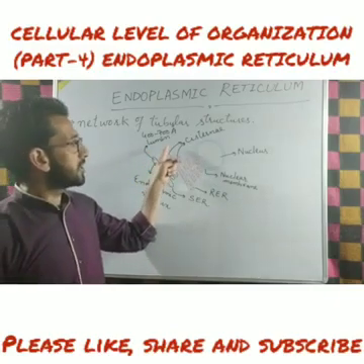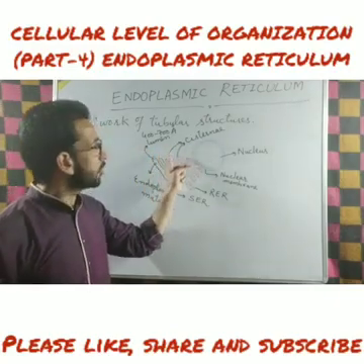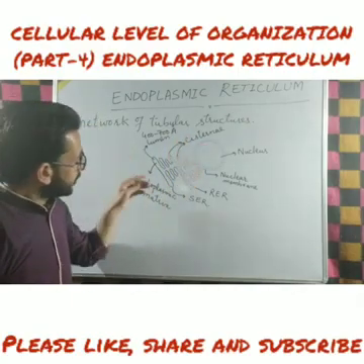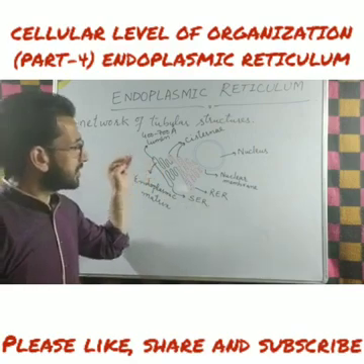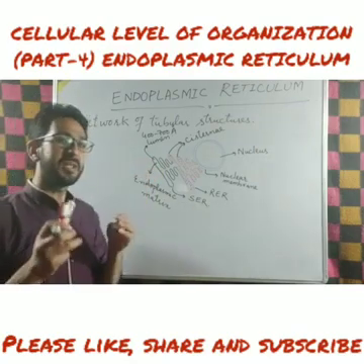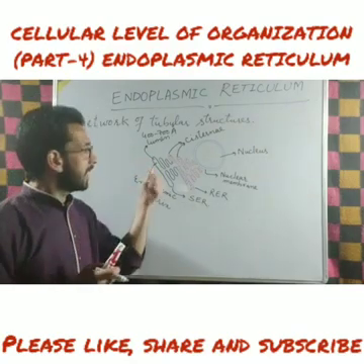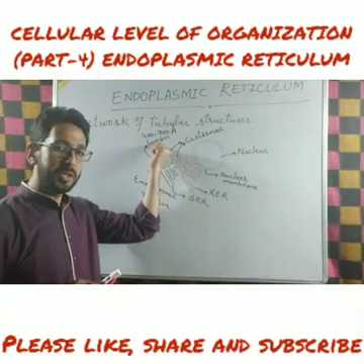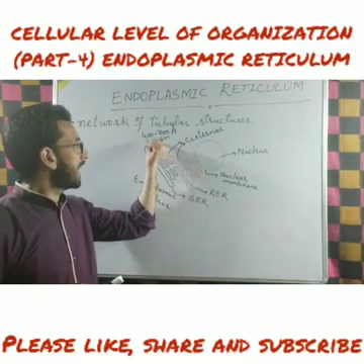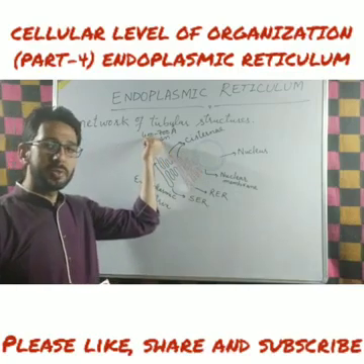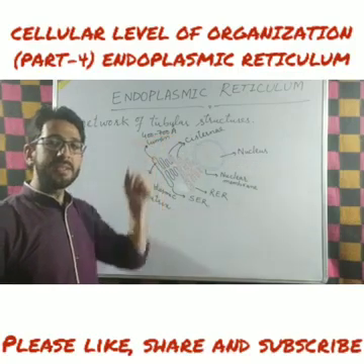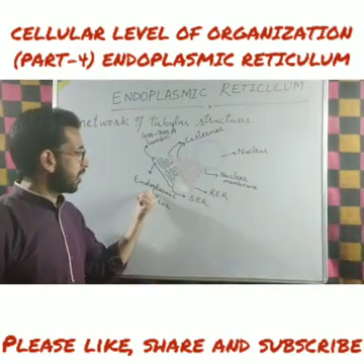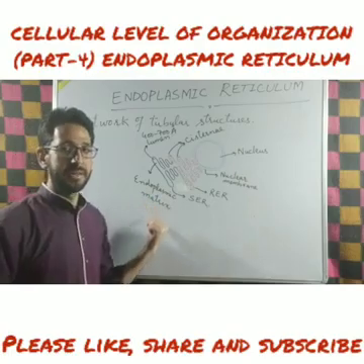And these tubular structures have a hollow space inside. That hollow space is called the lumen of endoplasmic reticulum, and this lumen has a diameter of 400 to 700 angstrom, and it is filled with a fluid. That matrix is called endoplasmic matrix.